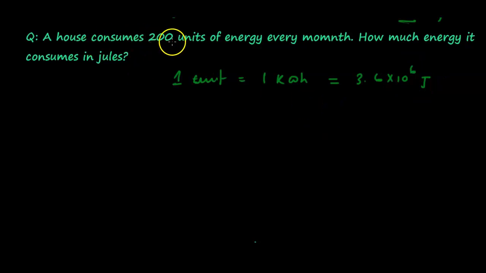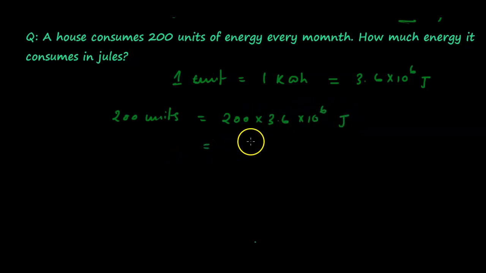So we have to convert these 200 units of energy into joules. So I'll write 200 units will be 200 multiplied by 3.6 into 10 to the power 6 joule.